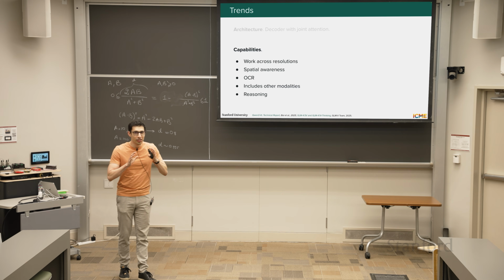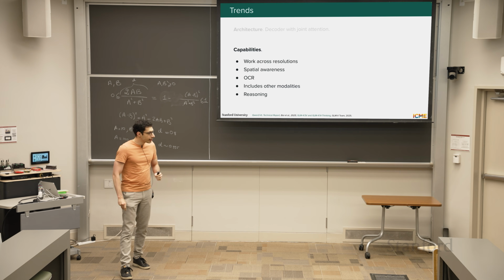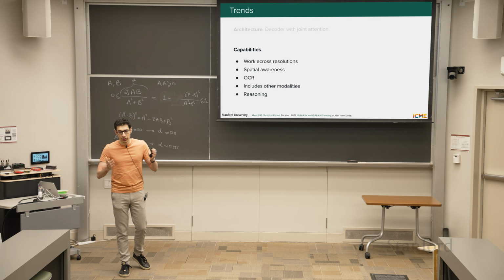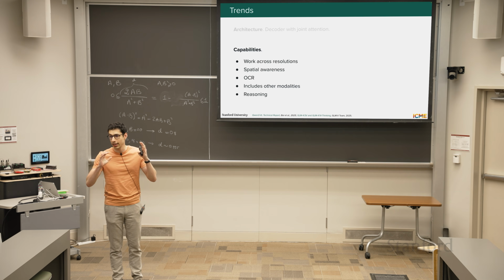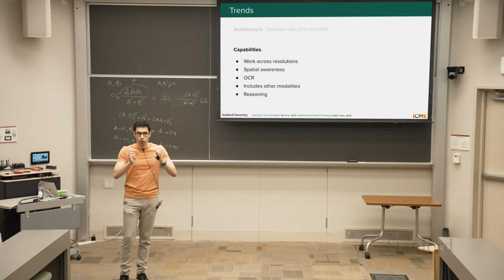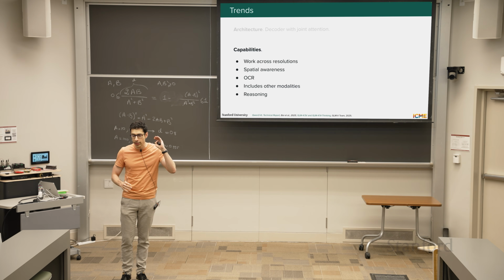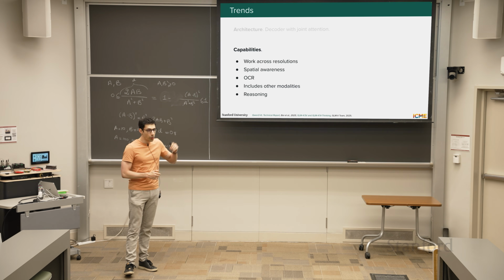Okay, so we want these models to be working across all kinds of inputs. And in particular, one property that you want your generative models to have is to generate text as part of your images. So let's say if you want to generate the image of a sign, you want the text to be readable. So you would want models that judge these kinds of generated images to be aware of characters.